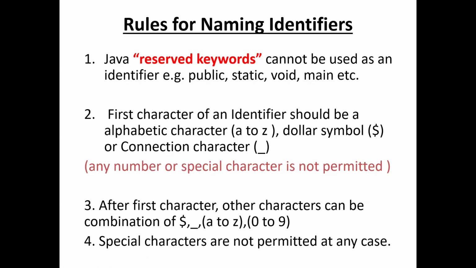The third rule said, after the first character, other characters can be a combination of what? Dollar symbol, underscore, A to Z, or numbers 0 to 9.